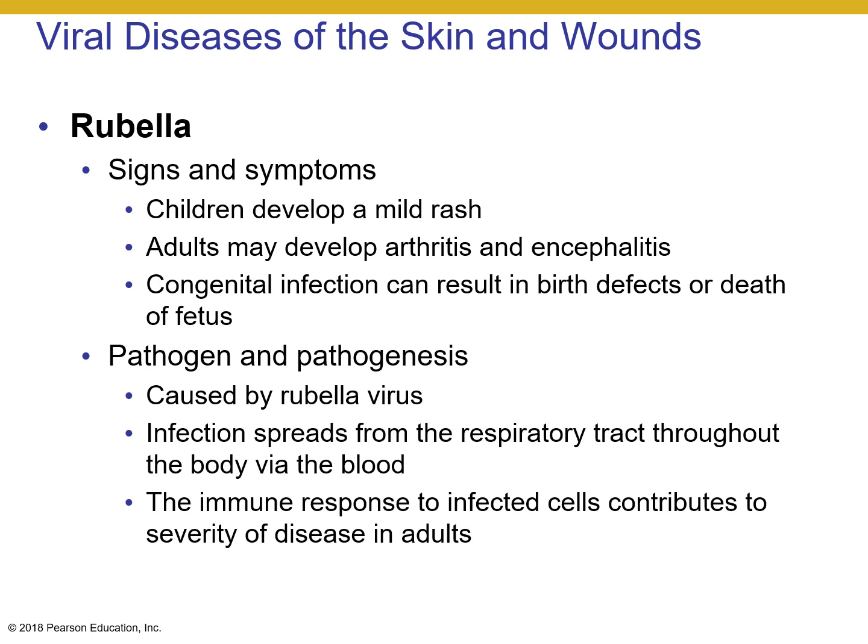Pathogen, it's the rubella virus. And it's spread through the respiratory tract, throughout the body via the blood. Of course, the immune response is going to take over. Hooray for cytotoxic T cells. And then what we see in adults is that the immune system may very well overreact and cause arthritis and encephalitis.